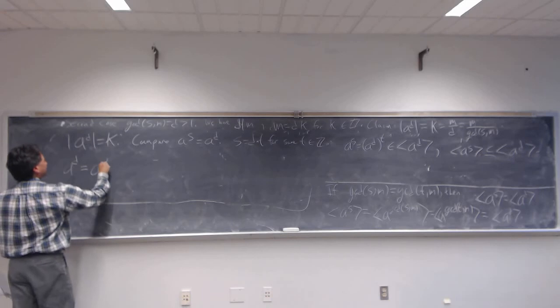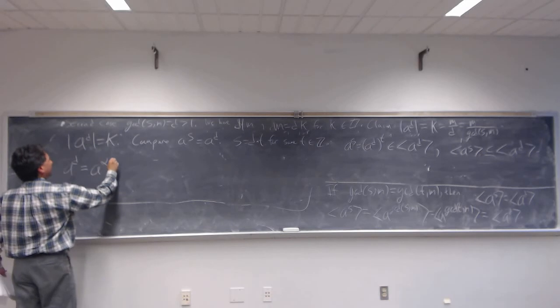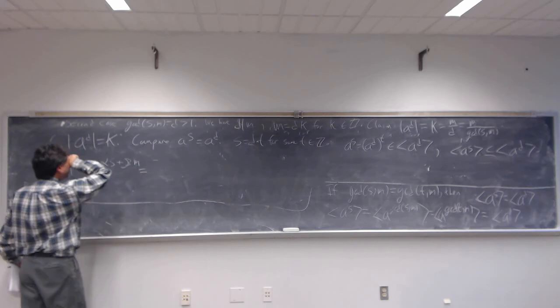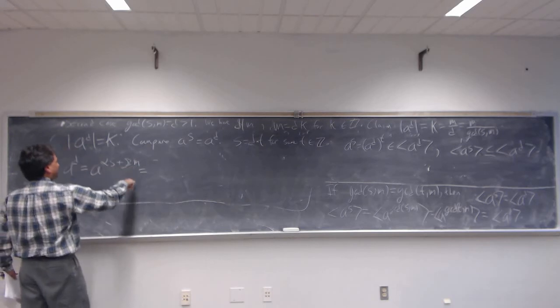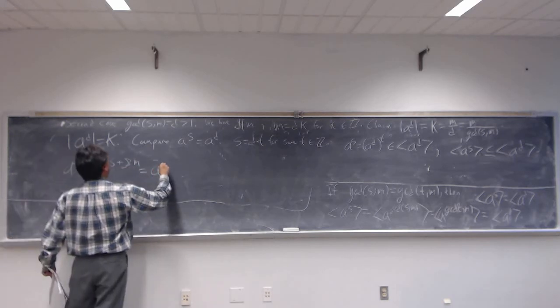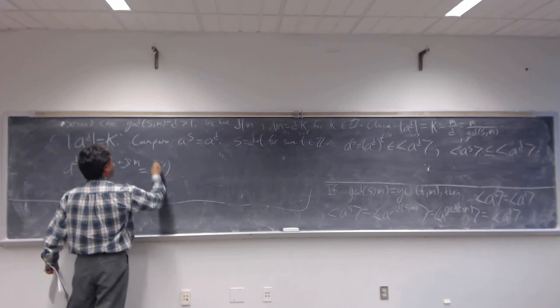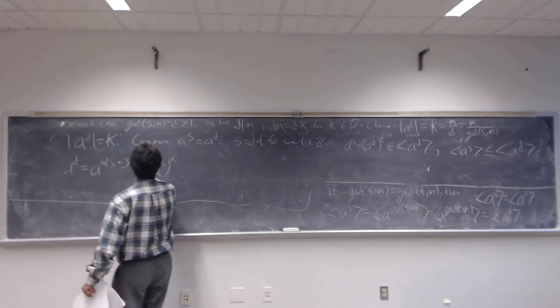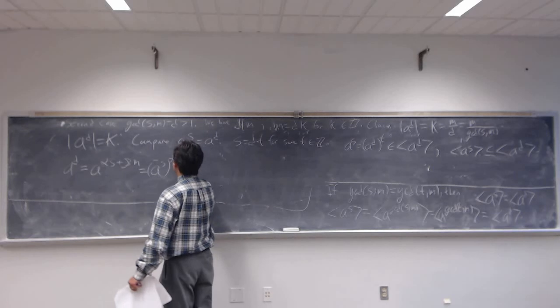So maybe we did prove some of this, but let's look at it again. a to the s plus alpha b m, a to the s to the alpha. We've already run through this, so this is just going to be the identity to the beta, so just the identity.